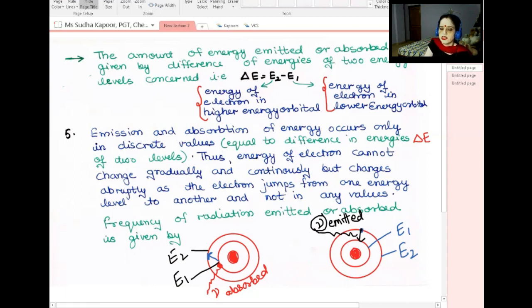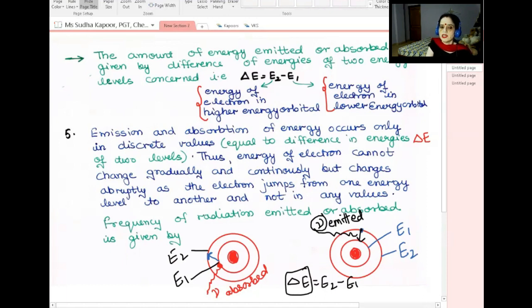So dear student, the difference is always the same. Delta E will remain the same, that is equal to E2 minus E1. And this difference in energy depends upon the frequency of the radiation absorbed or the frequency of the radiation emitted.